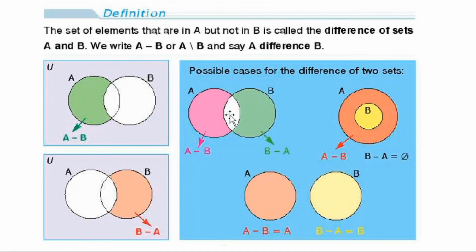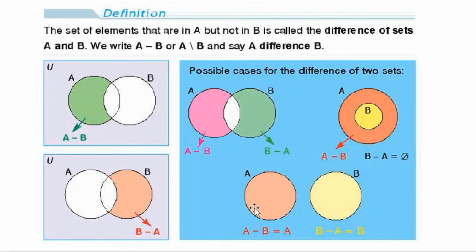Actually, this white one here is A intersection B. And if we have this kind of Venn diagram wherein B is inside the set A, then the orange part here is A difference B, and B difference A is empty in this Venn diagram.